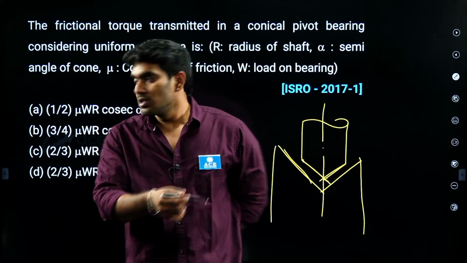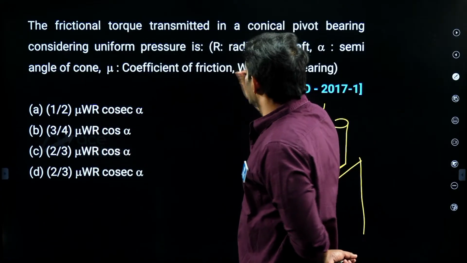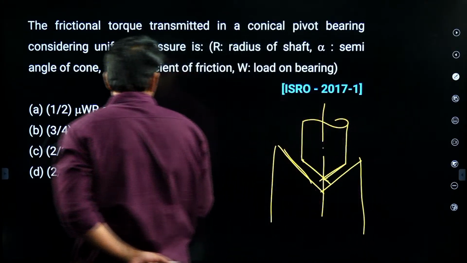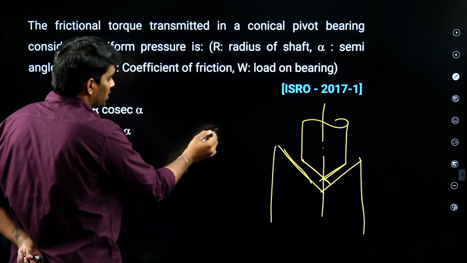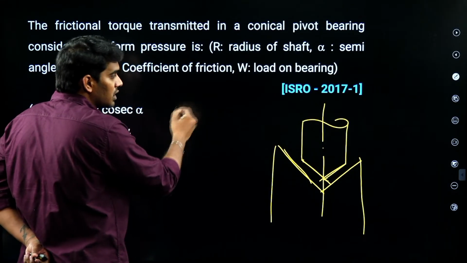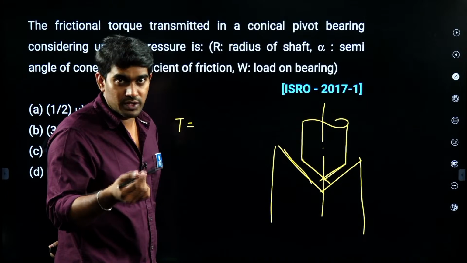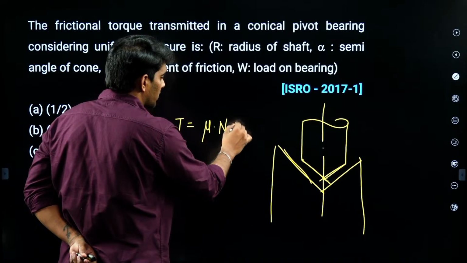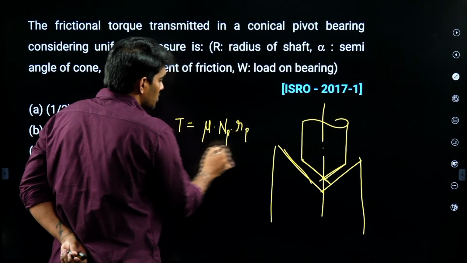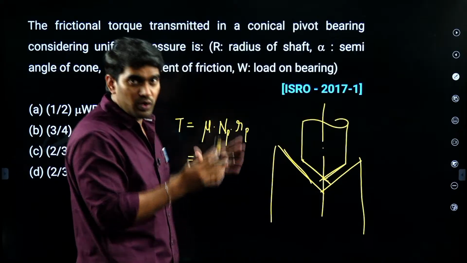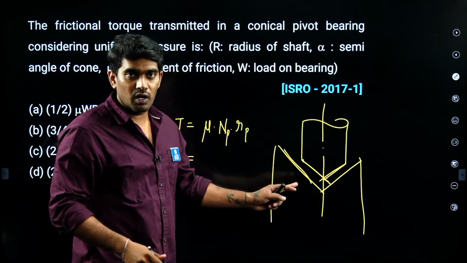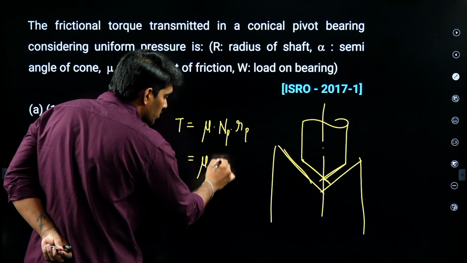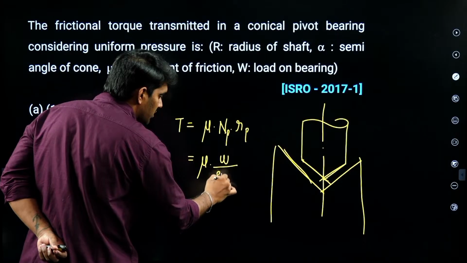Axial load, cone clutch. Now what is he asking? The frictional torque, or the loss of friction due to the rotation here. T is equal to, generally, here we are considering the uniform pressure theory. This is nothing but mu times normal reaction into radius, N into R. In case of conical shape, like a cone clutch, the axial load and normal reaction relation is N equals W divided by sin alpha.